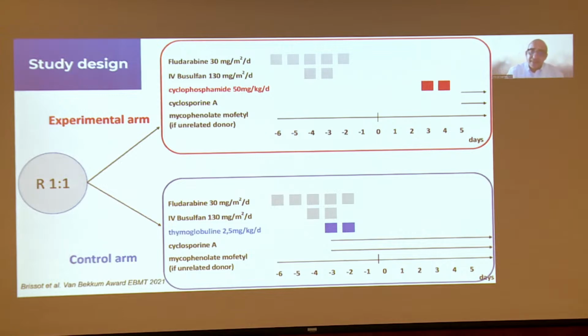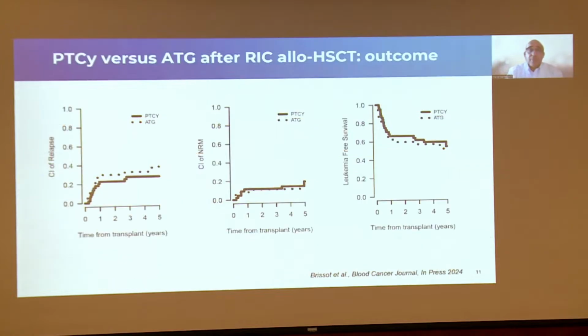And this study received the EBMT 2021 Van Bekkum Award and was recently accepted for publication with a relatively long follow-up. And the bottom line is here, the results. The cumulative incidence of relapse is similar between ATG and post-Cy.